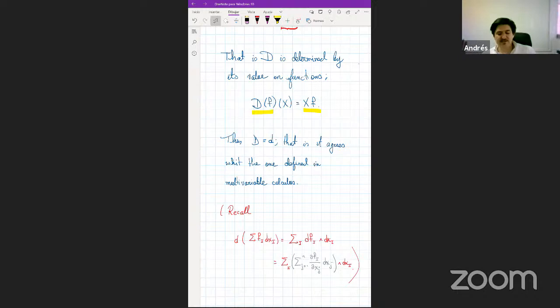So on Euclidean space, if I have an exterior derivative, there's no other choice than this formula here. So those 4 properties force D to be this one. Okay?